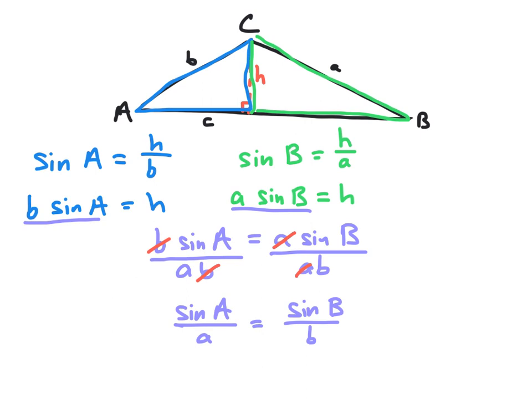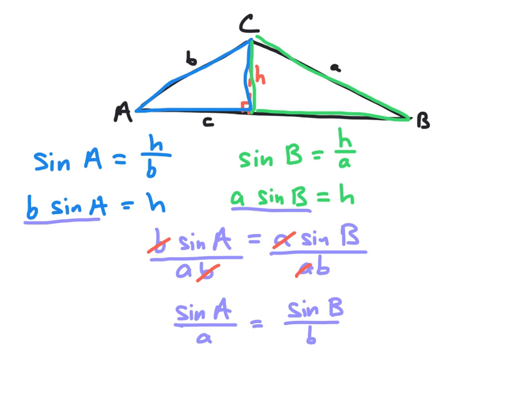And this is part of the law of sines rule. It says that the sine of an angle in the triangle divided by the opposite side length is equal to the sine of the second angle divided by its opposite side length.